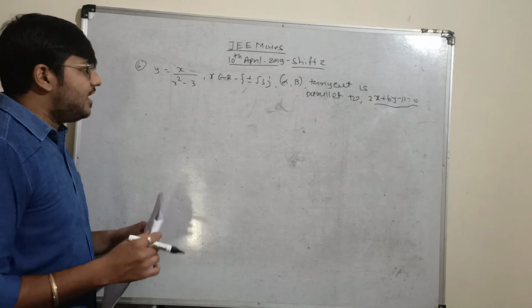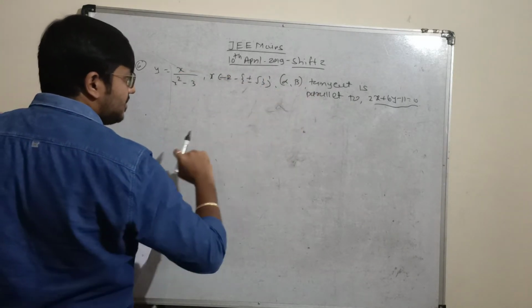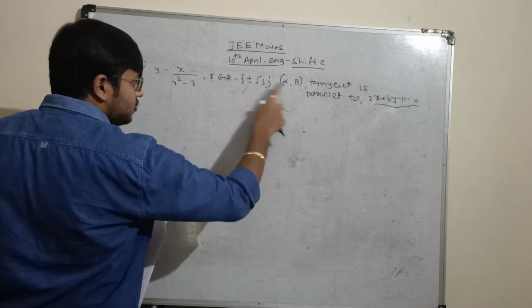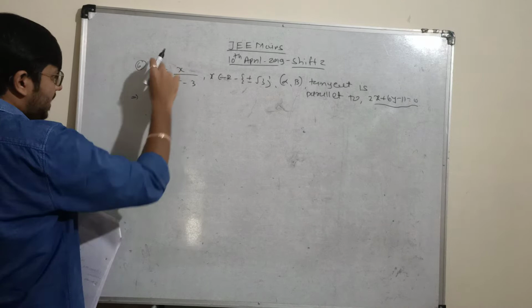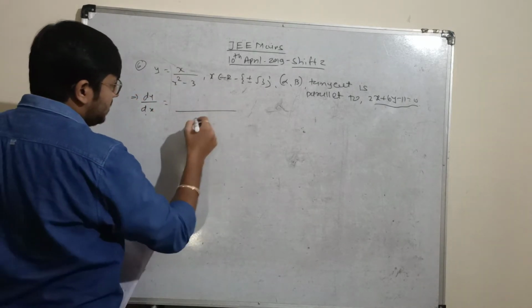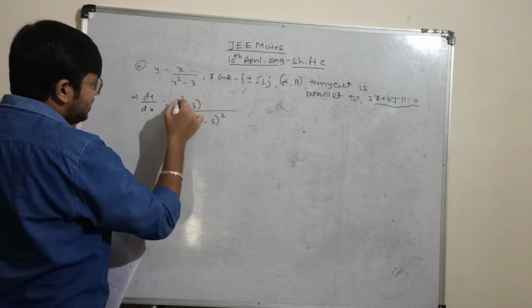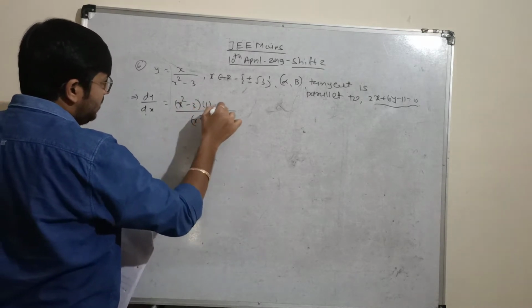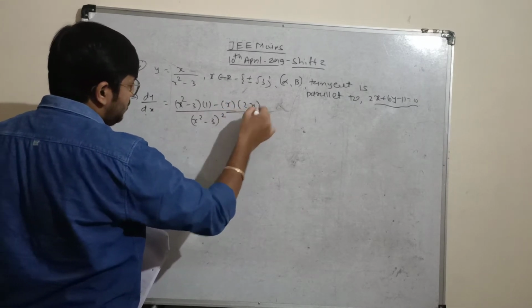A very first thing, let us compare the slopes of the tangent as well as the line, because the tangent is parallel to the line, so both of them have equal slopes. To get the slope of this tangent, we need to do the derivative of this function. So dy by dx equals square of denominator as it is, numerator as derivative 1, minus numerator as it is, denominator as derivative 2x.